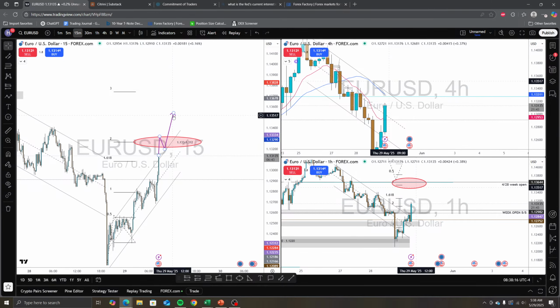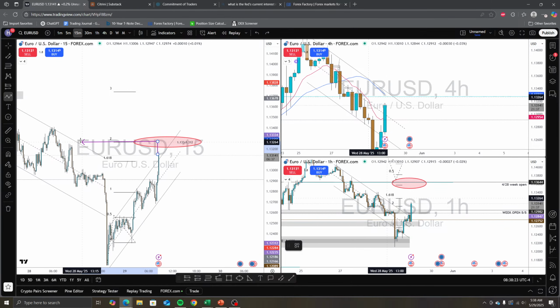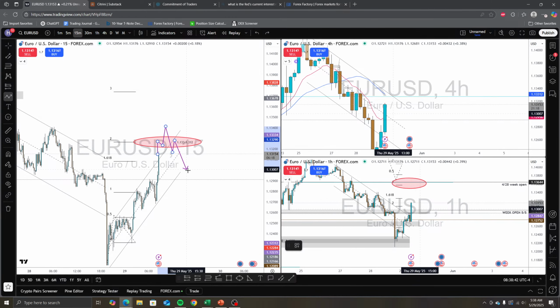But since I'm looking for a short, I'm waiting for it to hit this, take out this liquidity, maybe do a sweep up here too. Then I want to see a retracement back to this channel, or maybe it creates some kind of resistance level like this dot right here, and then I get a short right here and it comes lower.